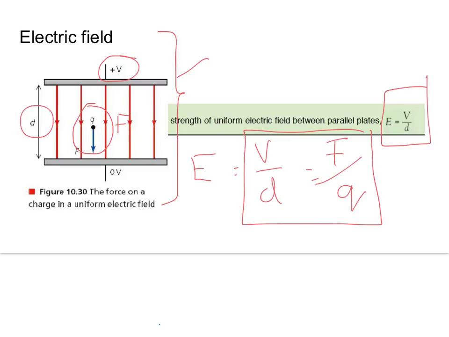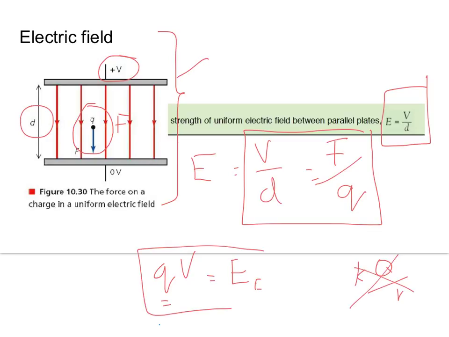Now the energy involved would be using QV, the charge times the change in potential. So for energy here in the electric field, we're not using a radial field, so we would not need to look at those ideas. We're just going to look at the charge times the voltage.